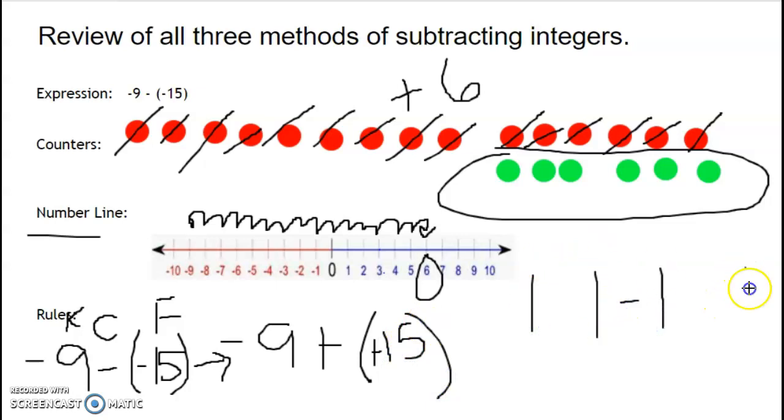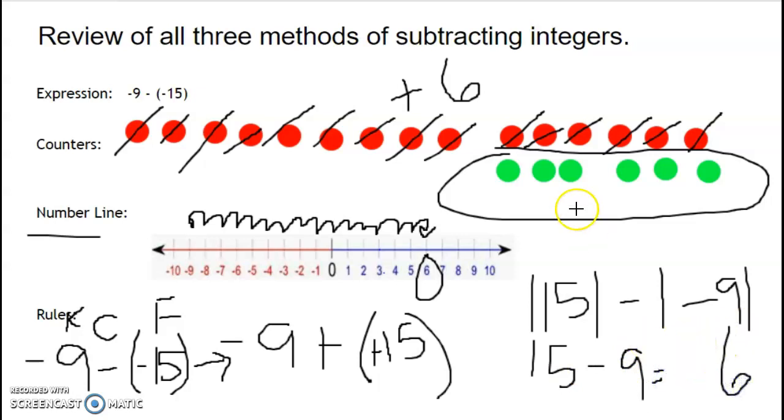If we have the same signs, we add, opposite, we subtract. So I'm going to put the larger absolute value first. So the absolute value of 15 minus the absolute value of negative 9 gives me 15 minus 9, which equals 6. Now, that is going to stay a positive 6 because the absolute value of 15 is larger than the absolute value of negative 9.